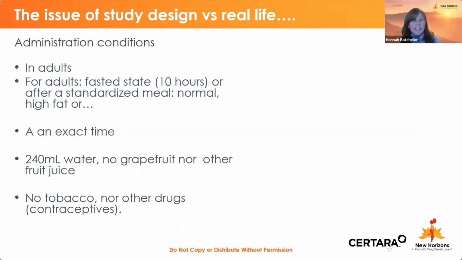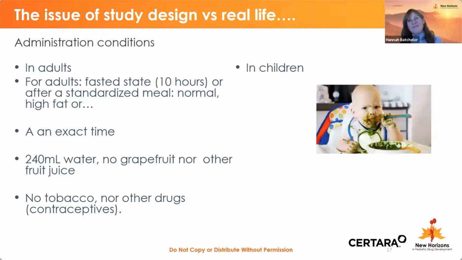It's all given at a very exact time with 240 milliliters of water, a measured dose, often with exclusion factors relating to tobacco, contraceptives, and other drugs. In children, the situation can be different. Because it's patients, it's really hard to control how we dose and how that maps over. A 10-hour fast would be quite tricky to implement in pediatrics in real life.